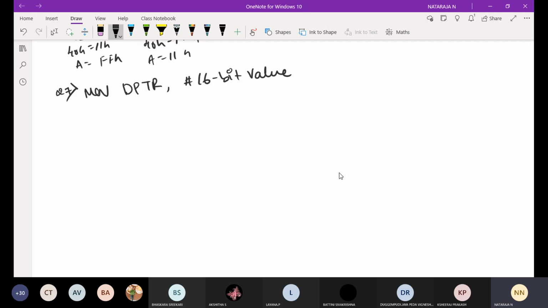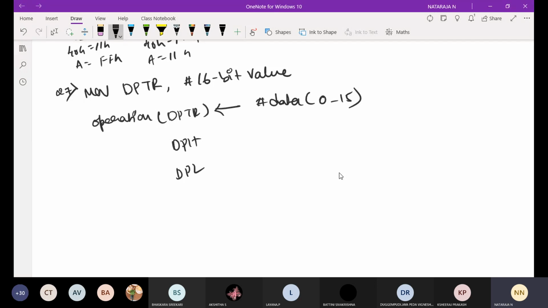The operation is that DPH is loaded with data bits 15 to 8 and DPL is loaded with data bits 7 to 0.